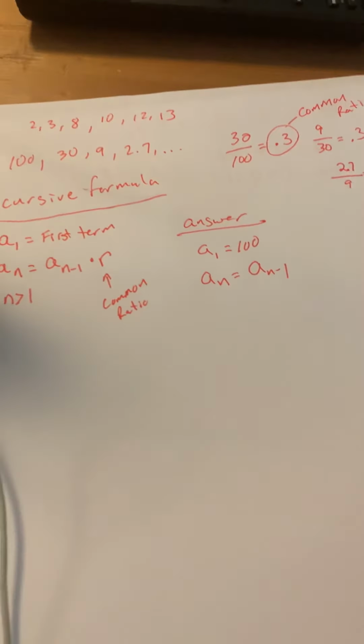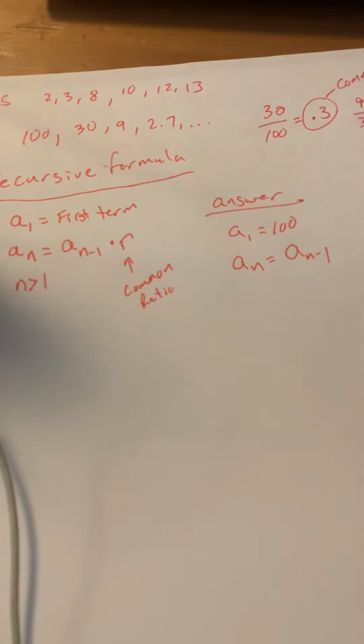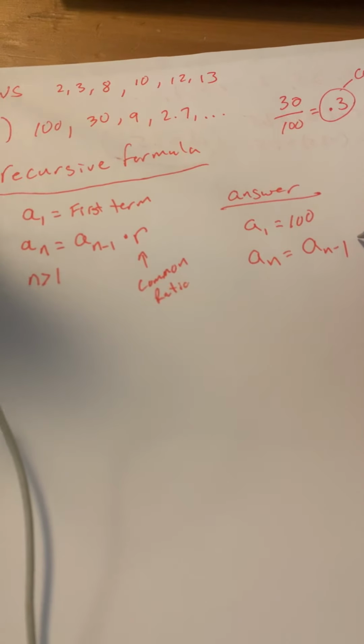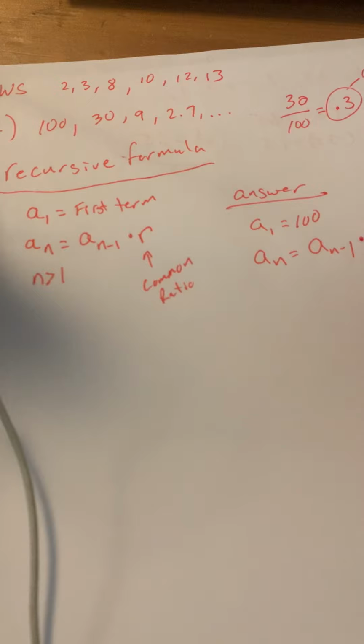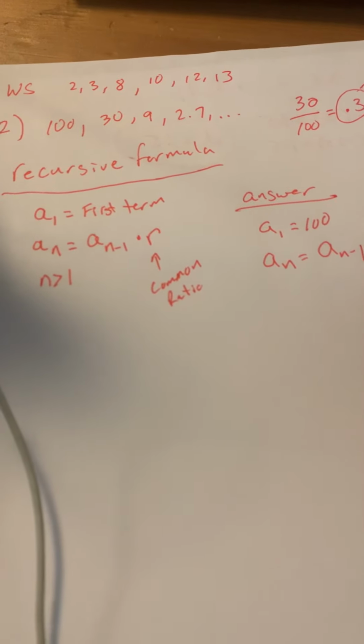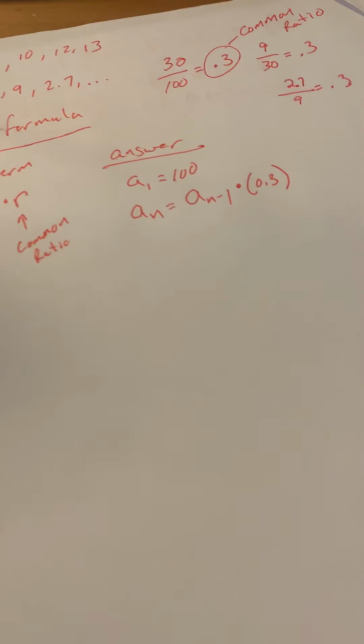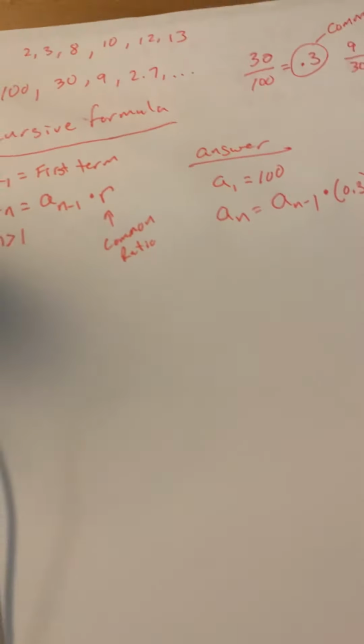Now in this piece here, I know what my common ratio is, so I'm going to times it by 0.3.